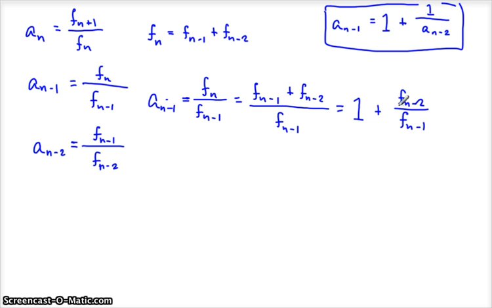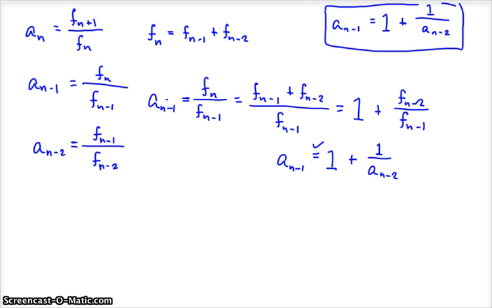So you could say that this portion, the f sub n minus 2 over f sub n minus 1, is really the same as 1 over a sub n minus 2. And you've proven what we have in the box. I'll bring that a sub n minus 1 down there. So we've proven it. Good.